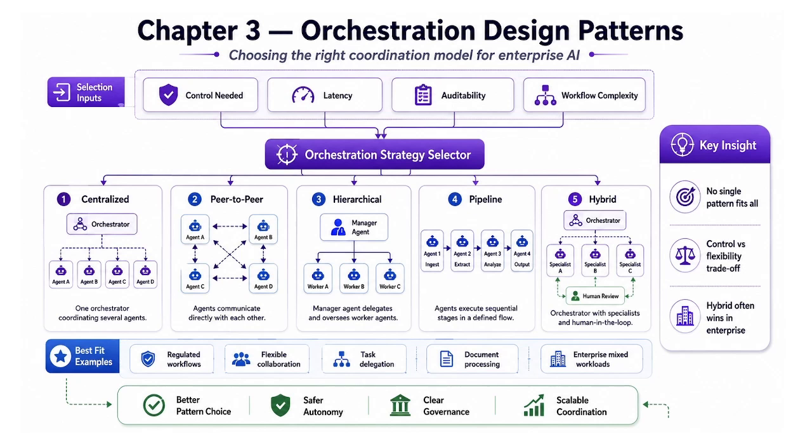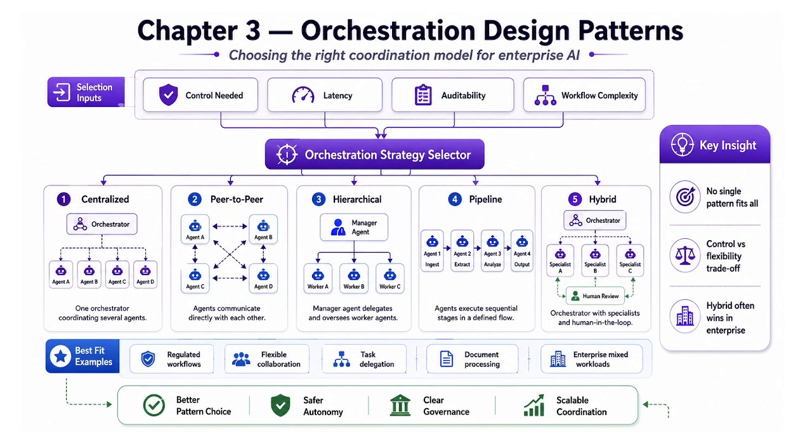So the key insights from this chapter: the first insight is that no single pattern fits all. Choose the pattern based on the department or the problem you are trying to solve. Number 2, control versus flexibility. Determine if you want the orchestrator to have full control, or you want agents to have flexibility.